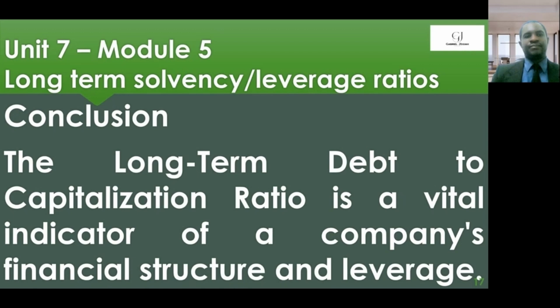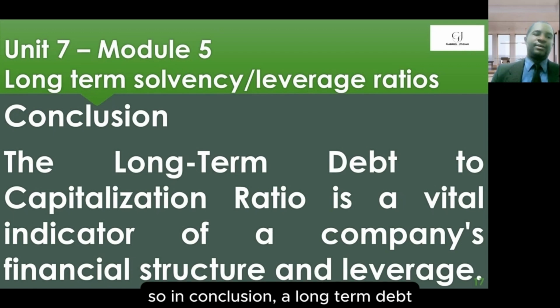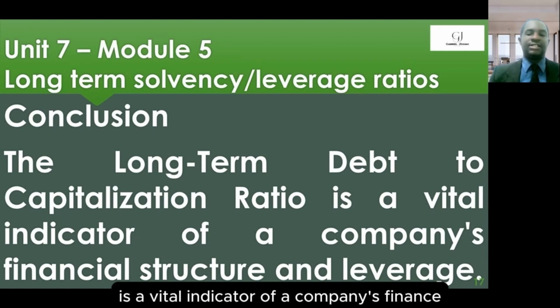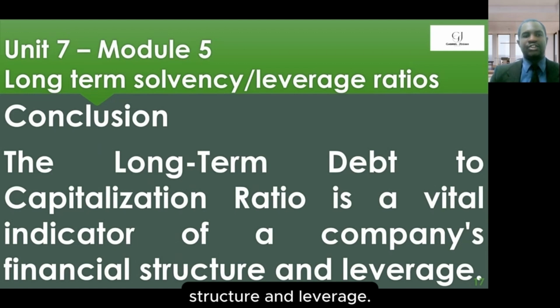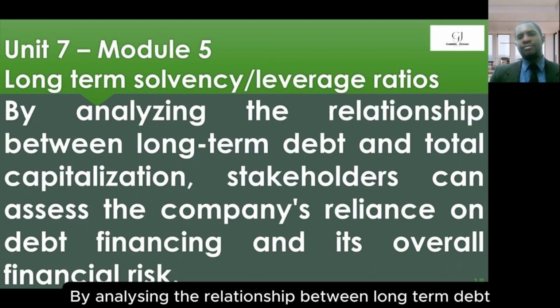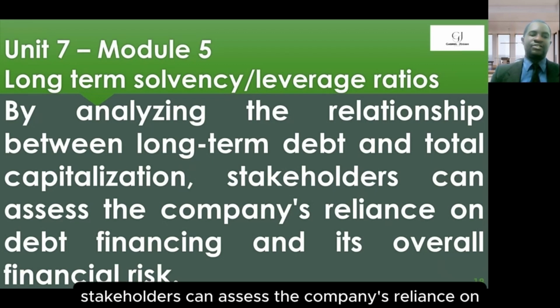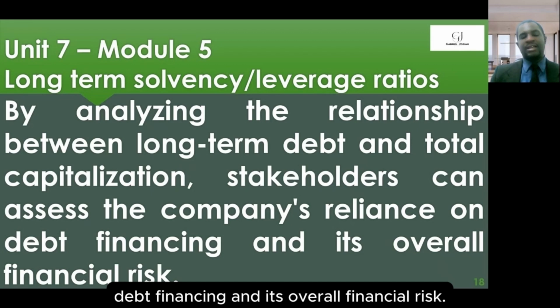This is key. So in conclusion, the long-term debt to capitalization ratio is a vital indicator of a company's finance structure and leverage. By analyzing the relationship between long-term debt and total capitalization or equity capitalization, stakeholders can assess the company's reliance on debt financing and its overall financial risk.